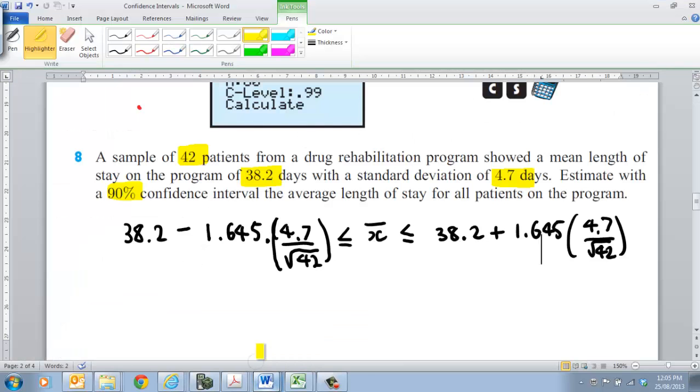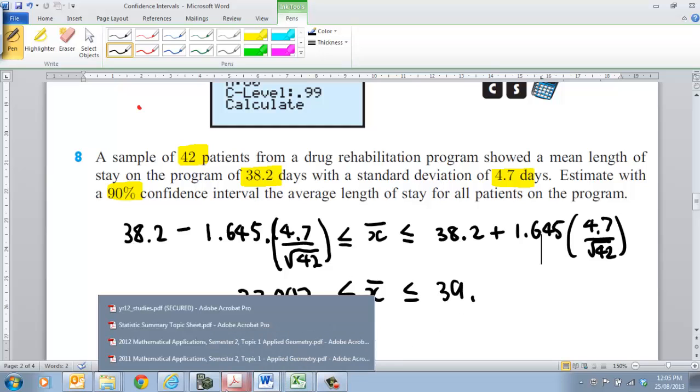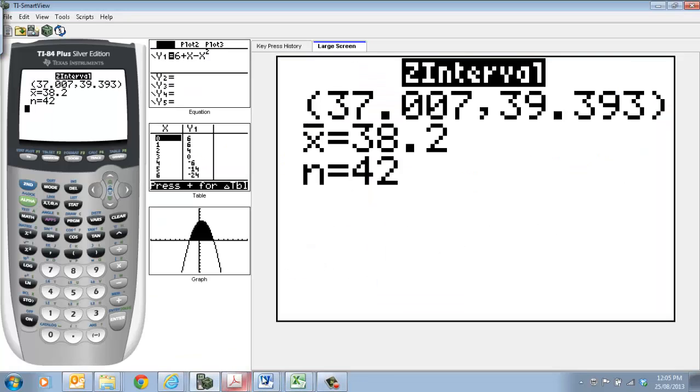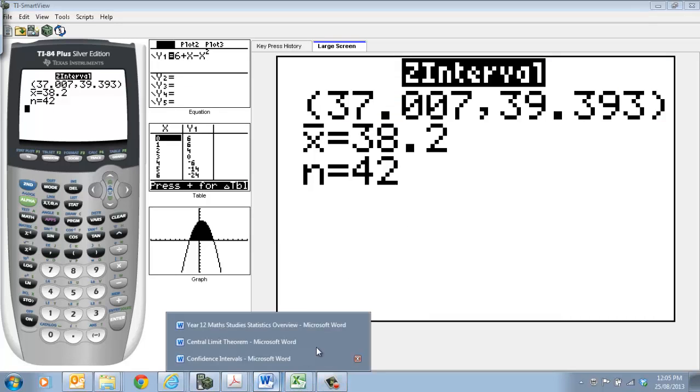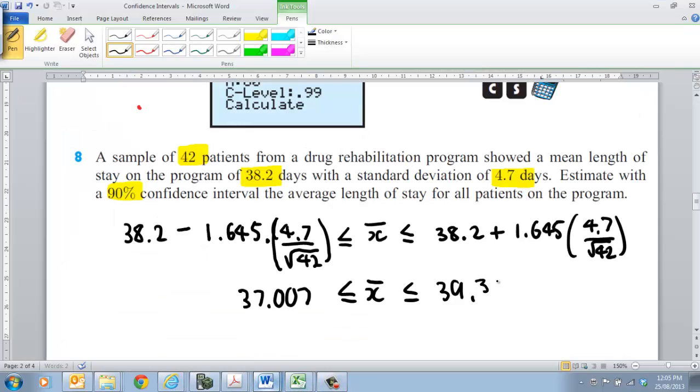So what we can say is that's 37.07 less than X bar, less than 39.393.